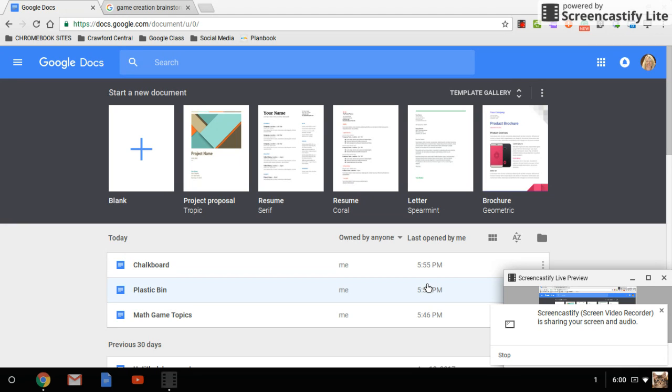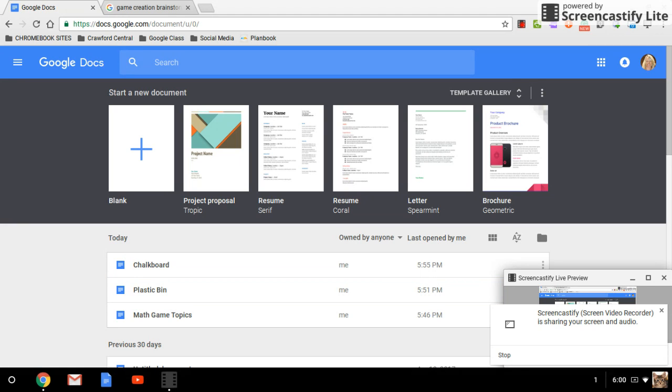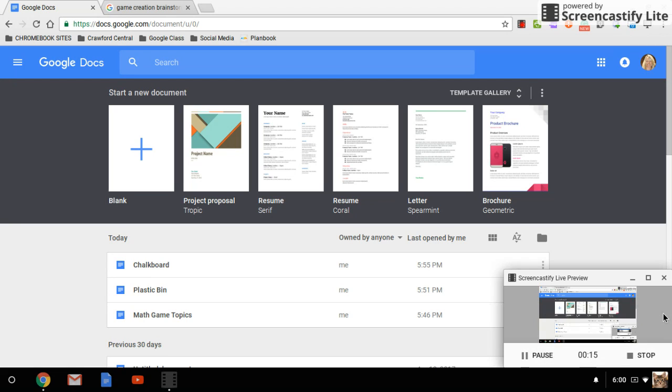So what I'm going to show you today is what I would like you to be working on while I'm gone. So this is how we're going to do this. First things first, I want you to gather your group, and on the front table, there are bins. I want you to pick up a plastic bin for your group. One bin per group.